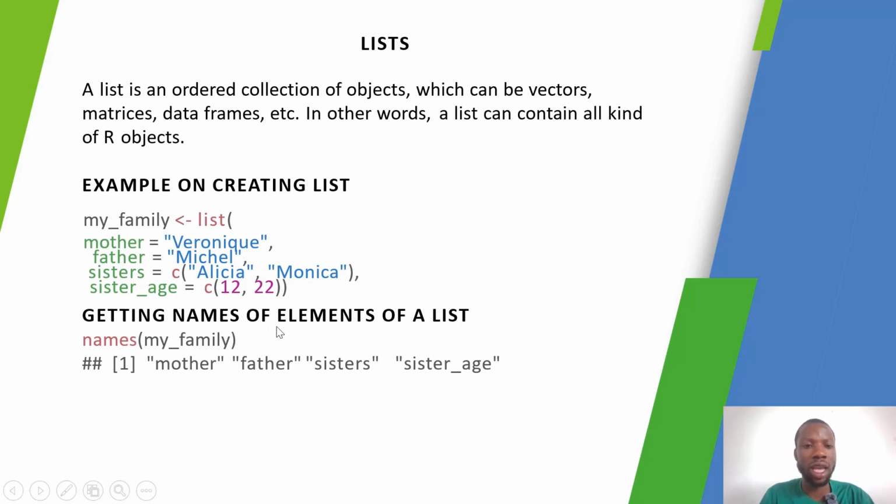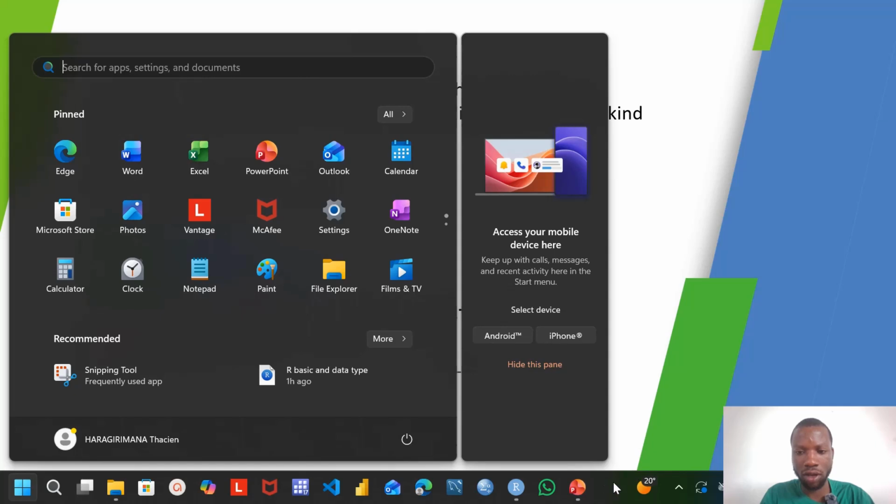When I'm getting the names of the elements of the list, I will use the names function, and then I put the name of the object. Automatically I'm going to get the names of the objects that are inside the list, which means inside the list we can have a lot of the objects we normally deal with.